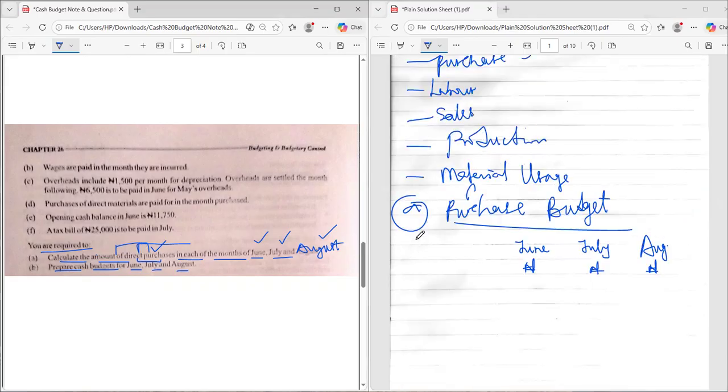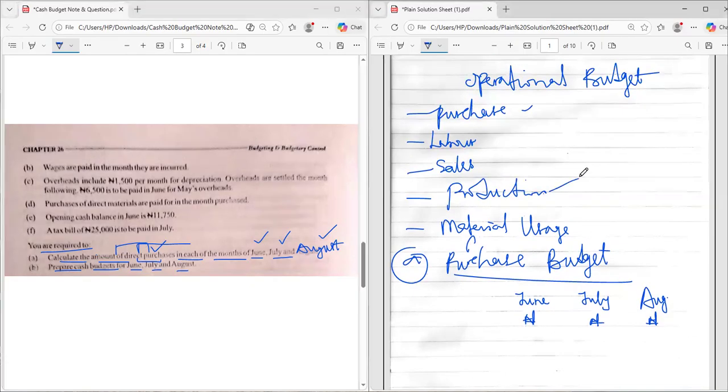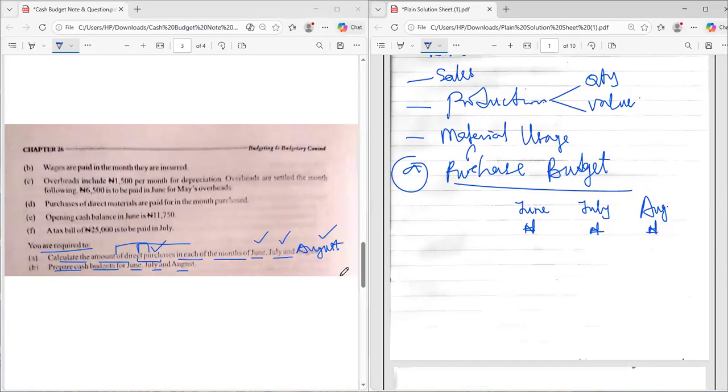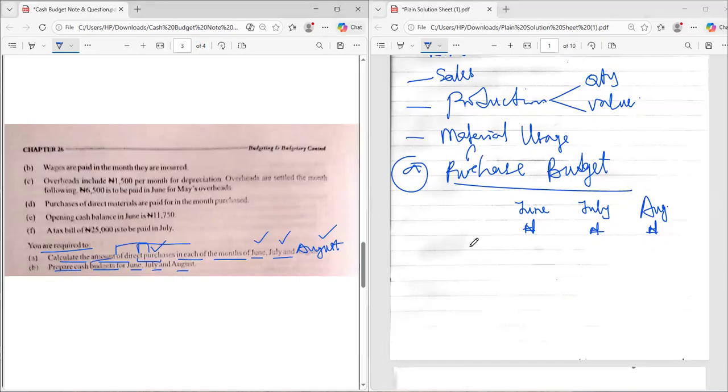A production budget can be in quantity or in value, so you have to be careful with the question, whether it wants you to do it in units or in value. In this case, our purchase budget is in amount, in Naira. Now, how do we know what makes up the purchases budget?